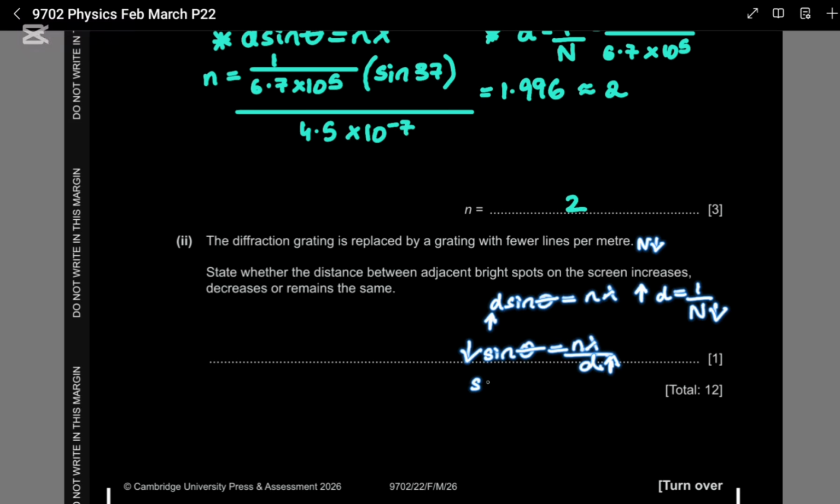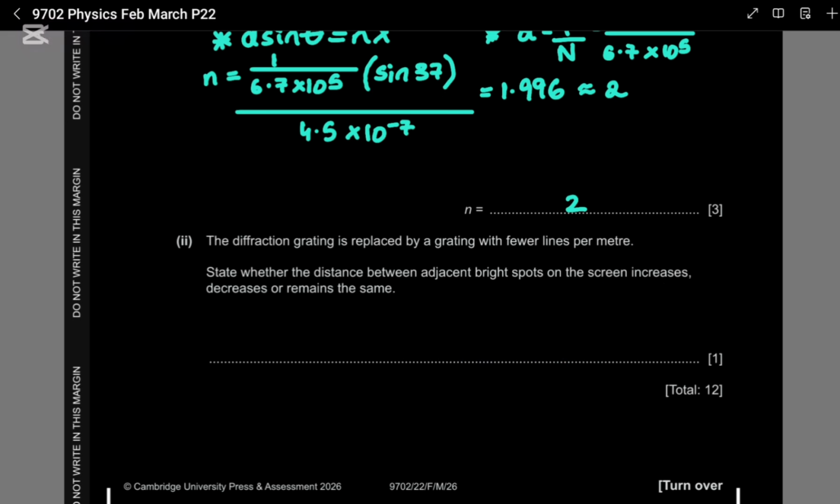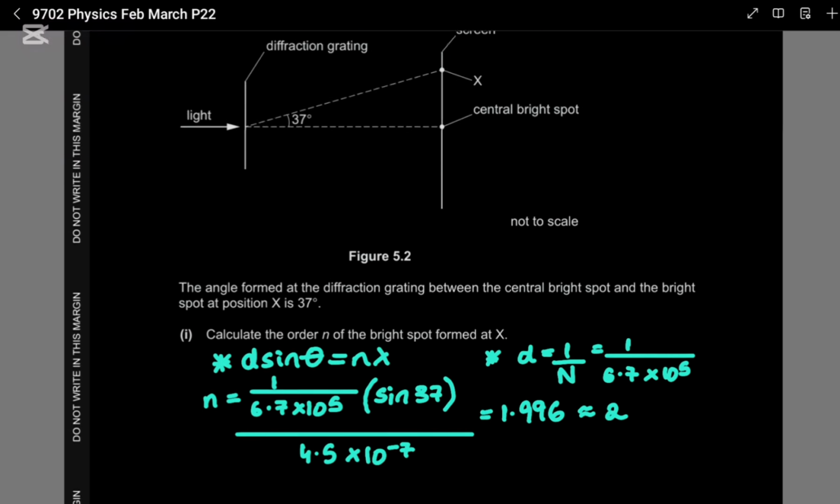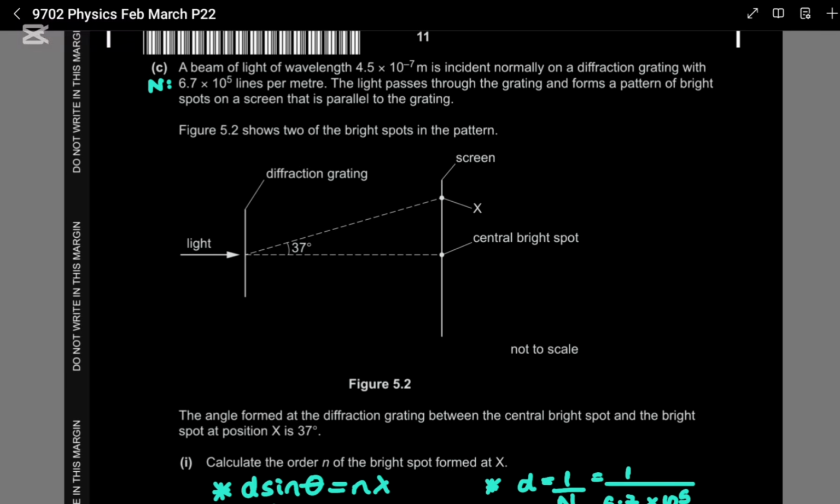And if sine theta decreases, then theta decreases. Okay, sorry for that. Now let me show you on the diagram as well. See, if theta decreases, the angle was 37. Now suppose it's like 20 maybe.